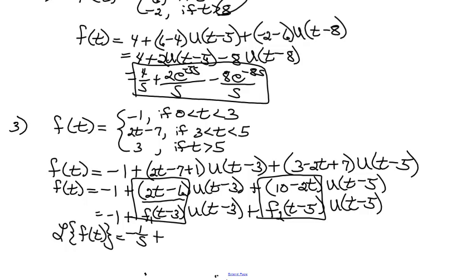And then according to rule number 12, the Laplace of f of t minus a times u of t minus a is e to the negative as, so e to the negative 3s, times cap F, and I'm going to label this cap F sub 1 of s, and we'll have to find that before we can finish this up. Plus, and now f sub 2 of t minus 5 times u of t minus 5, same rule. It's going to be e to the negative 5s times cap F sub 2 of s.